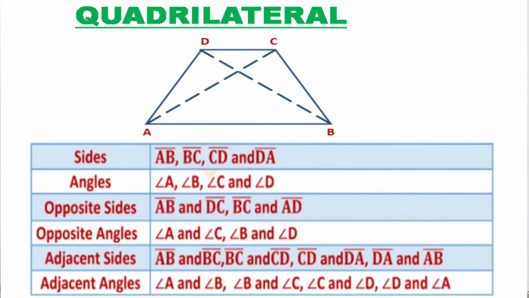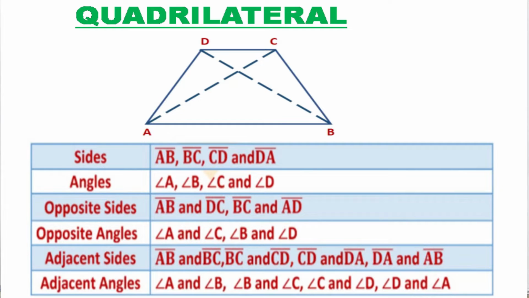Opposite angles, one pair is angle A and angle C, and another pair is angle B and angle D. Adjacent sides, you can see many adjacent sides given there: AB and BC, BC and CD, CD and DA, DA and AB.